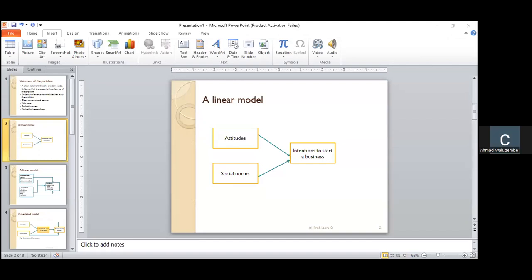You are not in the presentation mode, so we can see others on the other side. On my side, I'm seeing only one slide. I think it's the computer. Let me try to share again.